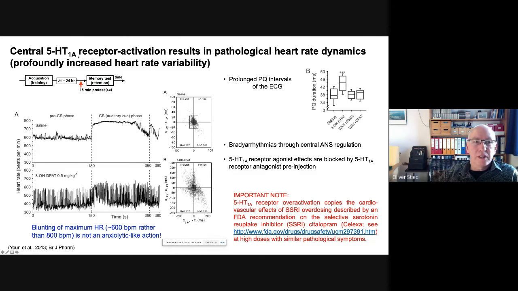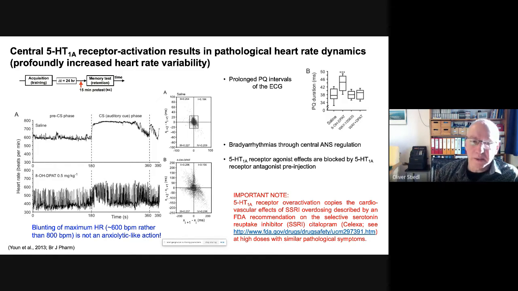And many of these 5-HT1A receptor agonists have been described to be anxiolytic. This is not anxiolytic. We know now that the baseline effects, the blunting of this, let's say, reduces the responsiveness of the system. This system is clipped and clamped at 600 beats per minute, roughly.